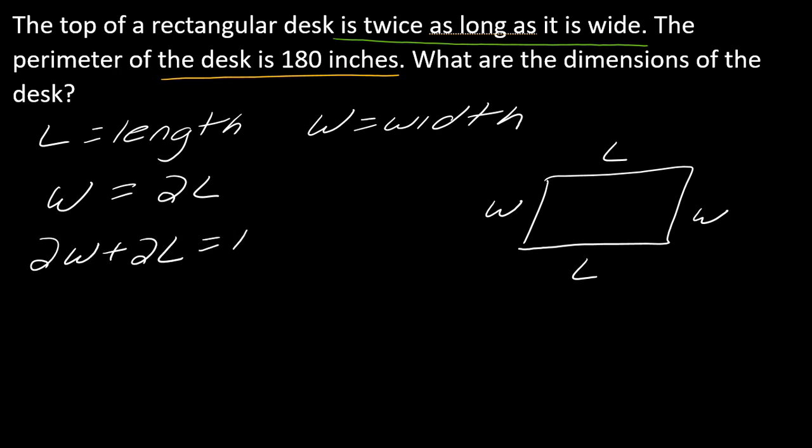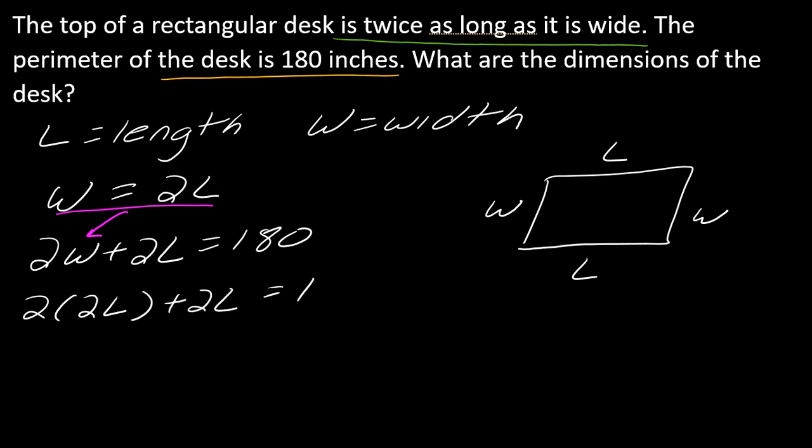And what should this equal? 180. And now look at what we have: we have our equations and we have a system, 2 equations and two variables, so we're good to go. In this particular instance, with W equaling 2L, we can just use substitution. I can take this and plug it right into that W. So this becomes 2 times 2L plus 2L equals 180.